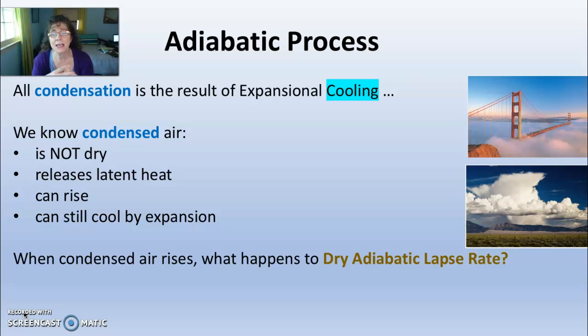Okay, because you already know that condensed air is not dry, it's saturated, and condensed air releases latent heat. It can rise, and as it rises, it can still cool by expansion.